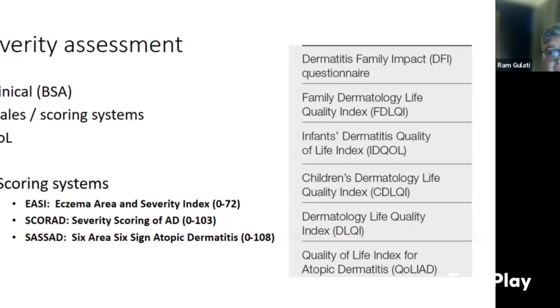In infants and children, you can have very specific dermatitis quality of life indexes, the IDQOL and CDLQI, because they are aiming at how the child actually feels, or what the child can and cannot do if he has atopic dermatitis, and give you a fair impression of how the child is feeling. Because we know it is not only the child, it is the family which gets affected when you have eczema. The family dermatology life quality index is something which can look at the effect of the eczema on the family per se.